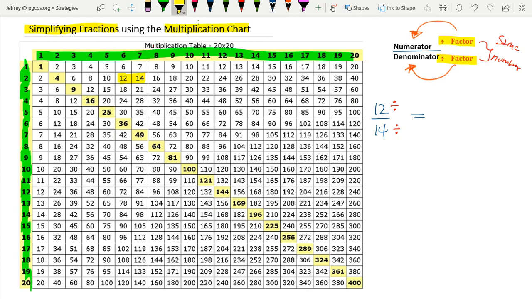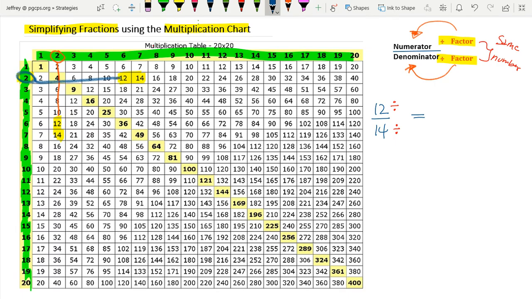Now, when you look for these two numbers, make sure that they are on the same column or row. So this will be in the same row for the factor 2. I can also see here 12 and 14, which is the same column for, again, 2. So this is for 2 here, and this one right here, let me use another color for the other 2.